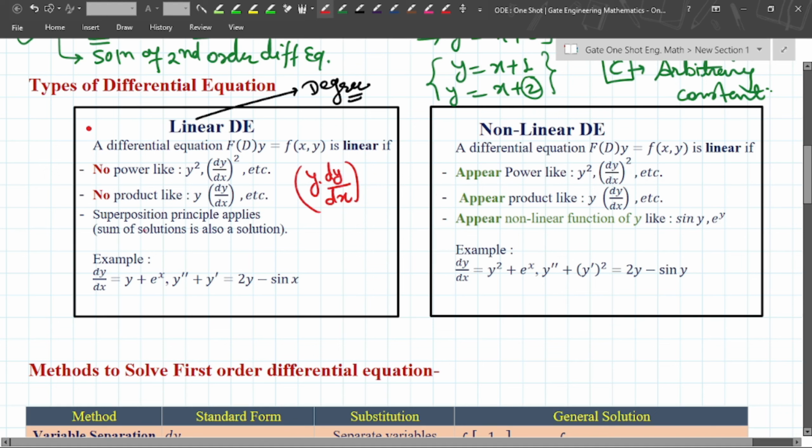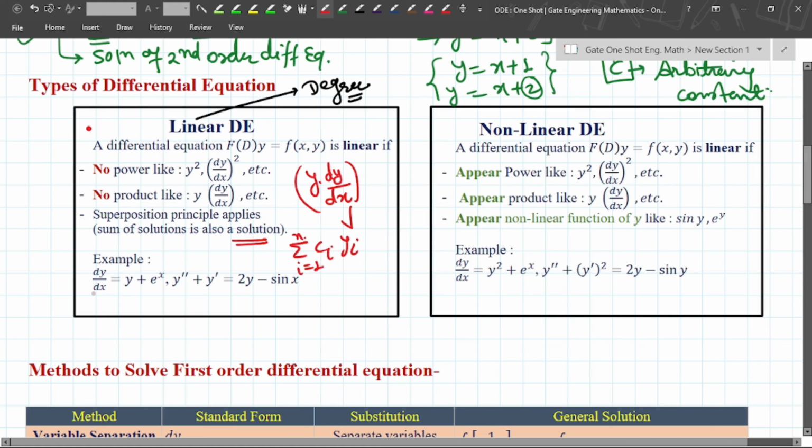And the solution for a linear differential equation is that a sum of solutions is also a solution. It means the solution is a linear combination, c1 y1 plus c2 y2 plus c3 y3, so we can represent it as the summation of ci yi, where i goes from 1 to n.